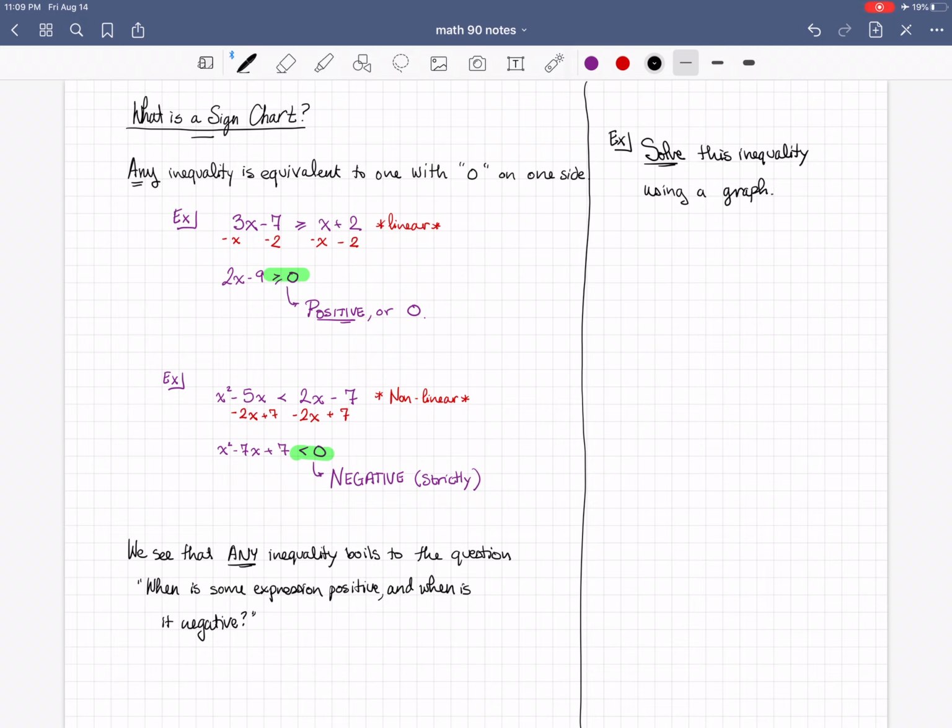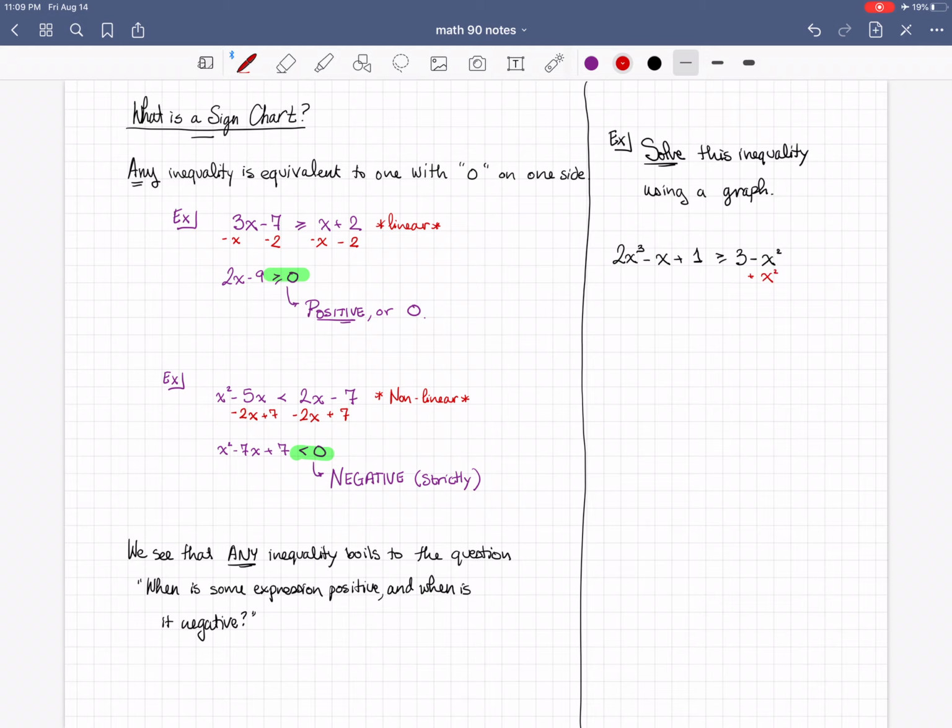Here's the inequality in question. Let's look at 2x cubed minus x plus 1 is greater than or equal to 3 minus x. Actually, let's do 3 minus x squared. What I'm going to do is start with exactly the same thing that I did in the previous example, and move everything over to one side.